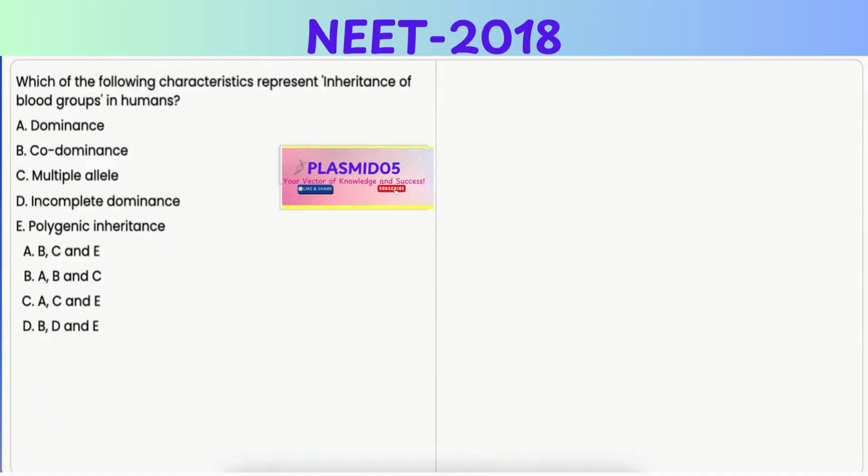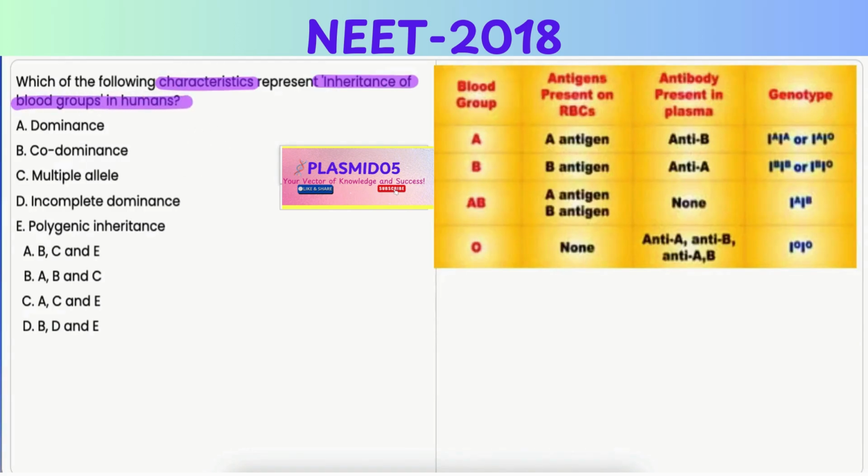In this question, you have to choose the option that represents the characteristics of inheritance of blood group in humans. A, dominance. It is correct because in the ABO blood group system, the alleles IA and IB are each dominant over the allele IO. For example, individuals with genotype IA-IO will express the blood group A, as IA is dominant over the allele IO.